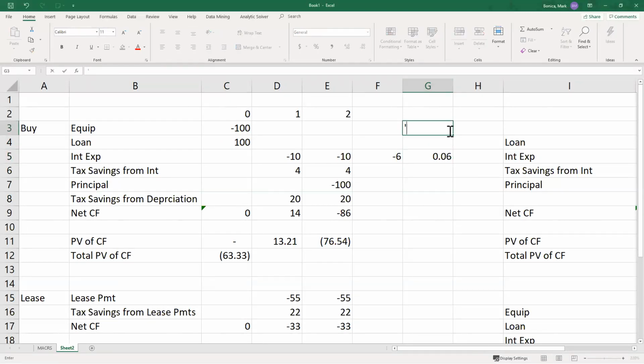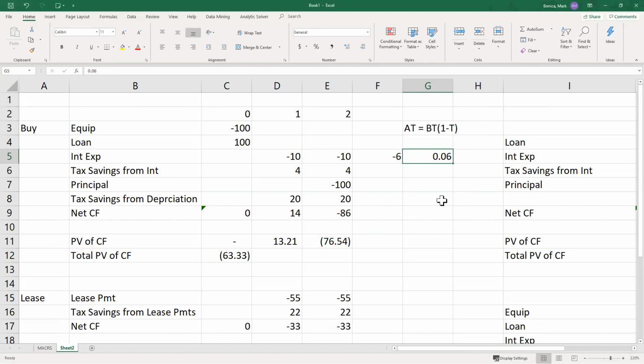It is after tax equals before tax times 1 minus t. Just remember that. So the effective interest rate will be your discount rate.